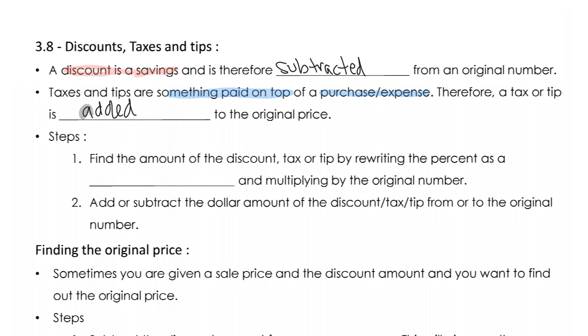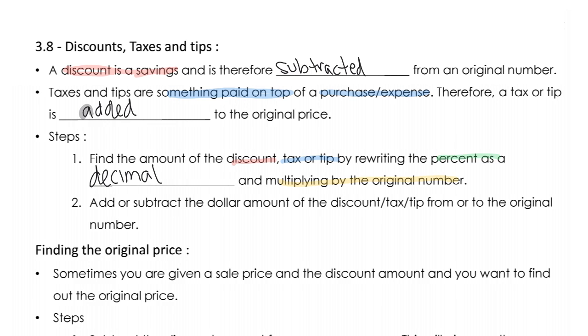So steps to doing this, you find the amount of discount, tax, or tip by rewriting the percent as a decimal, and then multiply it by the original number.